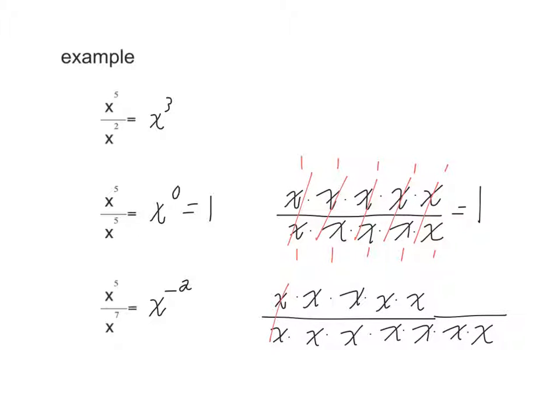Again, a lot of them reduce, 5 of them to be exact, but then I have x squared left over in the denominator. That gives us the definition of a negative exponent. It just means take the reciprocal of it. So x to the negative 2 is the same thing as 1 over x squared.